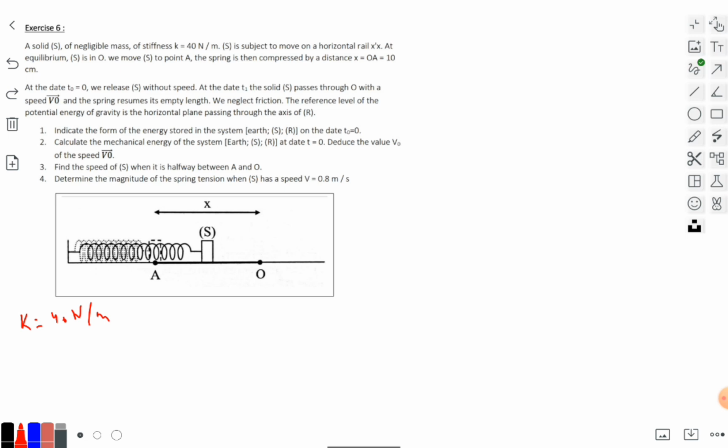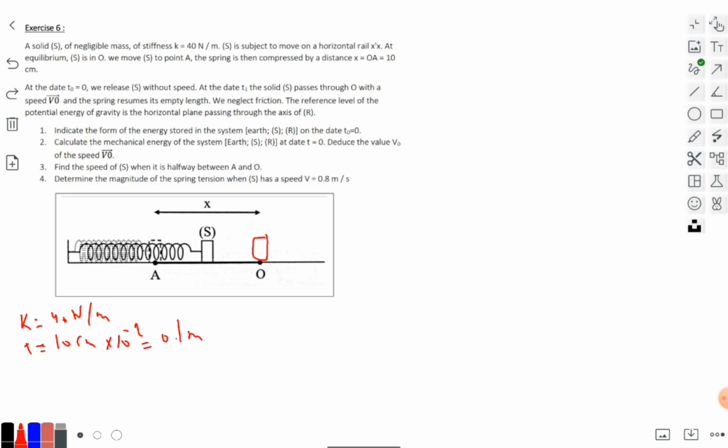At equilibrium, S is at O. We move S to a point A. The spring is then compressed by a distance x equal 10 centimeter. From centimeter to meter times 10 to the power minus 2, so it's equal to 0.1 meter.